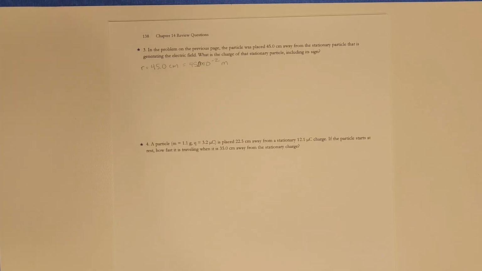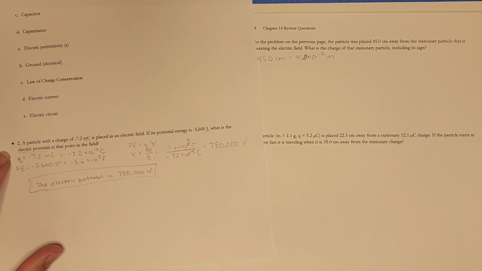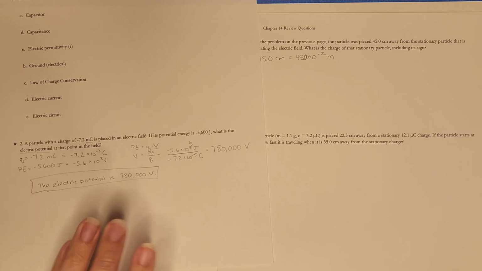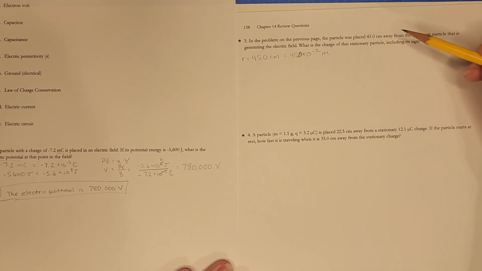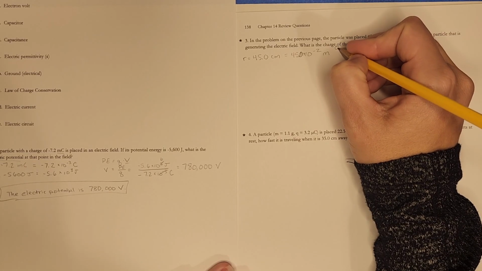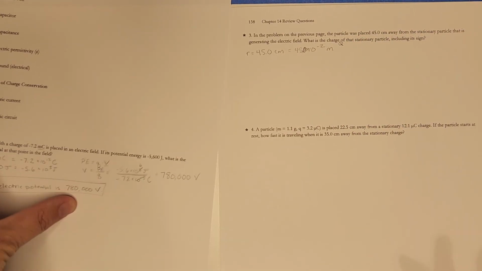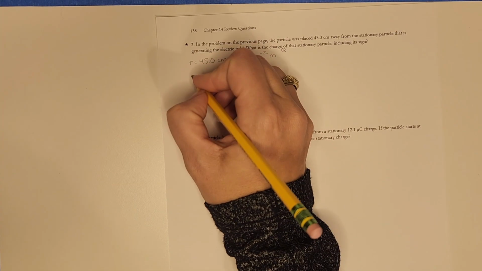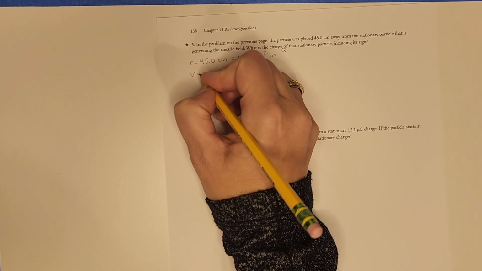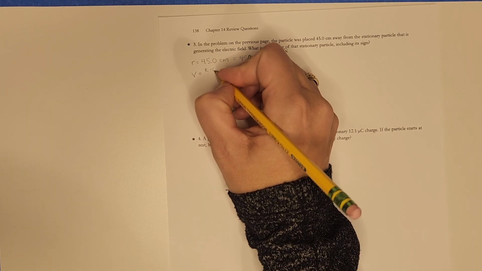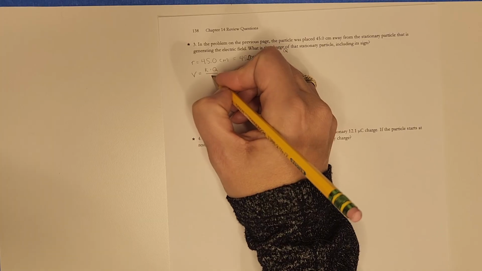So we have radius, we have our initial particle charge, we have our potential energy, and we have the electric potential. And we need to know the charge of that stationary particle, which is Q, right? That's what we need. For this, we can use equation 14.2, which is that the electric potential equals K, our Coulomb's constant, times Q divided by our radius.